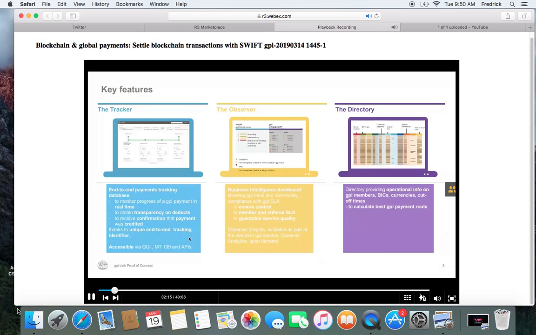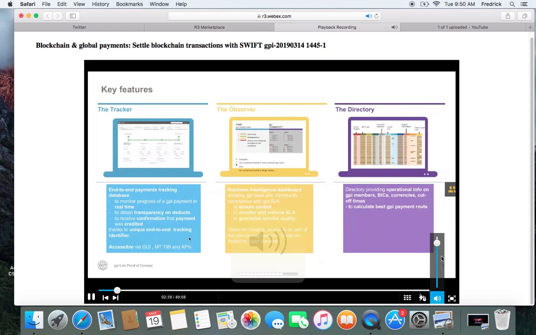There is an observer and a directory. The observer is a mechanism that allows us to see if banks behave according to the rules they have lined out. So GPI is about introducing the UETR, as we call it, that unique transaction identifier, and a set of rules to which the bank has to apply.